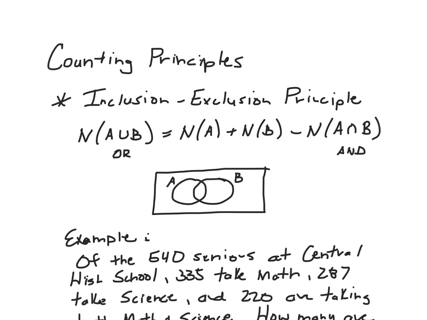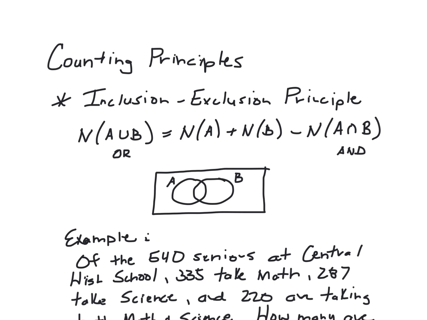In this next unit, we're going to learn about some counting principles, some different ways to count the number of ways that things can be done. Our first principle is called the inclusion-exclusion principle, which is defined as the number in A union B, symbolized by the letter U, but it means or.